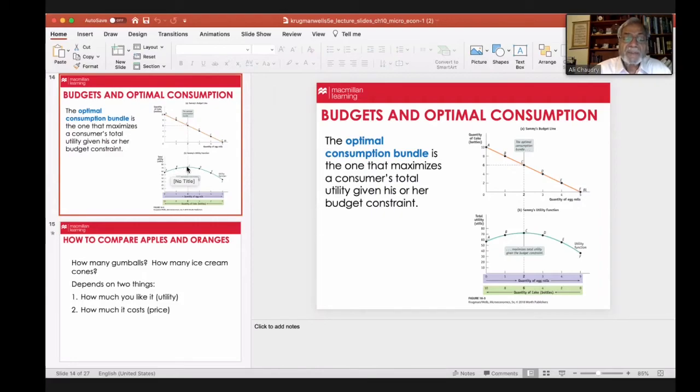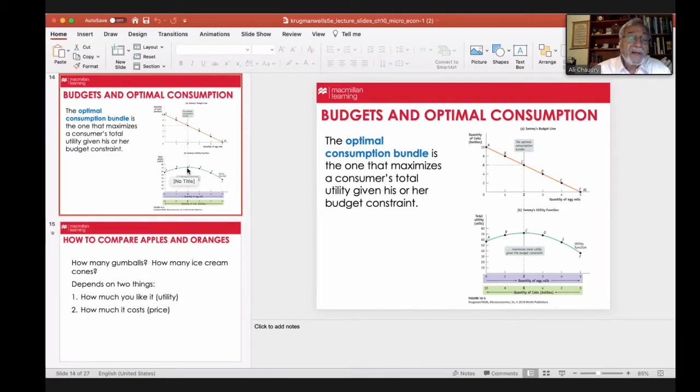At the top of this point, where total utility is maximized, the marginal utility is now 0. There is no additional utility being realized from consuming one more unit of that item. And therefore, we have reached what we call the optimal.